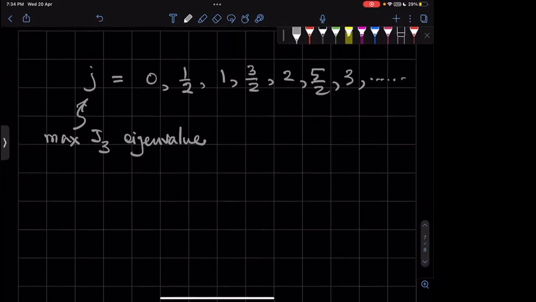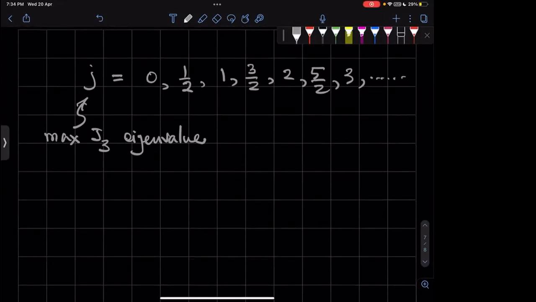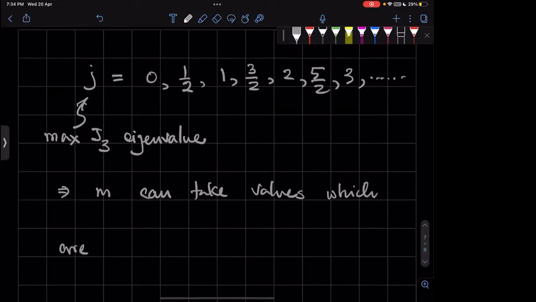All right, since this is the maximum eigenvalue of J3, and M can change by 1, right? When you apply a raising operator or lowering operator. This means that M in principle can take values within limits which are positive or negative half integers, right?